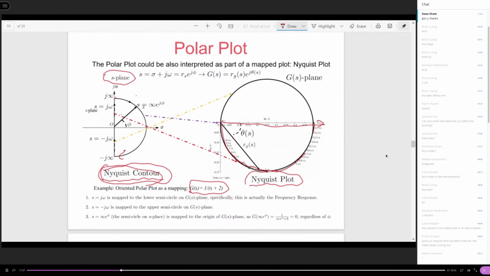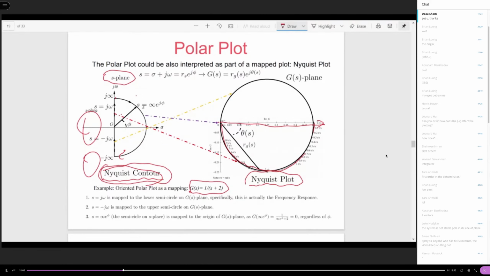So from now on, the Nyquist contour is clearly, explicitly defined. It's always this kind of semicircle in the S-plane. Otherwise, there are many closed curves in the S-plane, but we are only specifically interested in this special one.